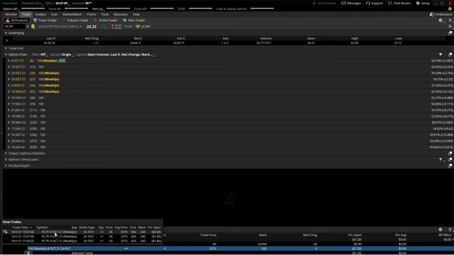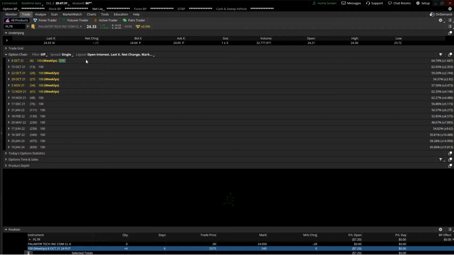I wanted to get in on Friday rather than holding out for Monday, because if volatility picks up tomorrow night when the futures market opens, there's a probability that we could see a gap down going into Monday's opening bell. So that's why I prefer to get in on Friday rather than on Monday.